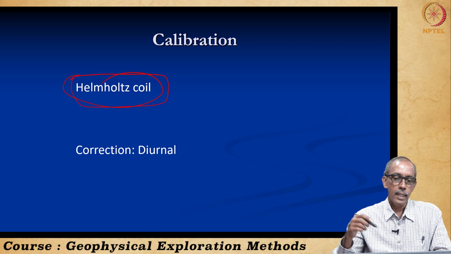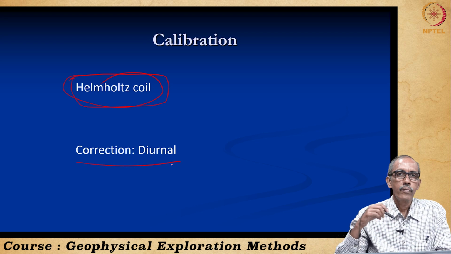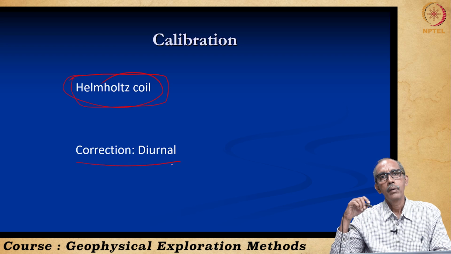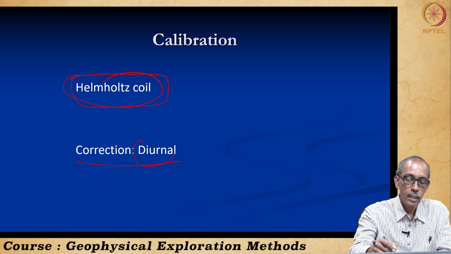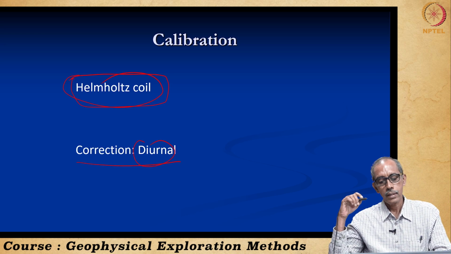Then the magnetometer also needs to be checked for diurnal variation. That means it is an instrument, so the instrument will have an error due to changes in time, right. So, we need to carry out what is known as diurnal correction during the magnetic survey.